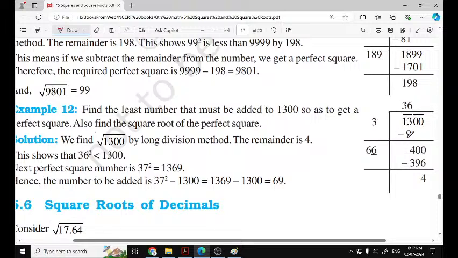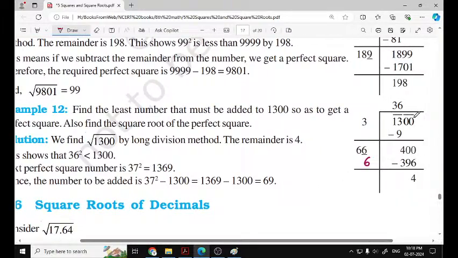So 3 into 3 is 9, and 3 plus 3 is 6. Here we have 400. Now here we write 6, and 66 into 6 is 396. Now we have 4.